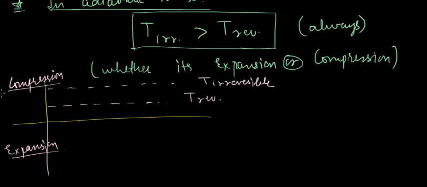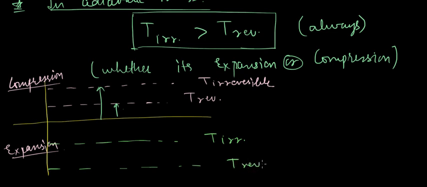In this case T irreversible would definitely be more than T reversible, and on the below side we have T irreversible here and T reversible here. So again T irreversible is more than T reversible.